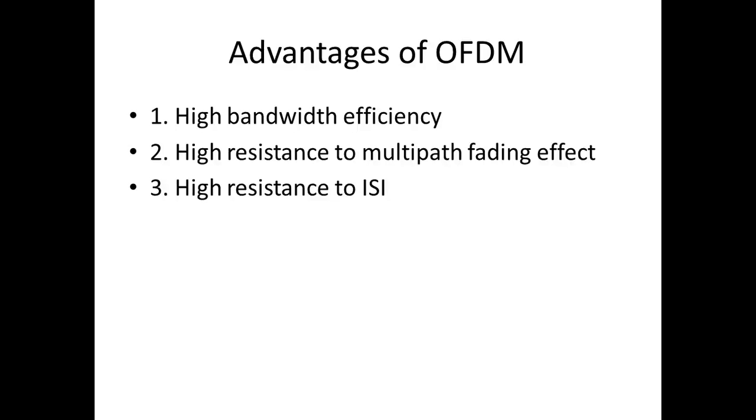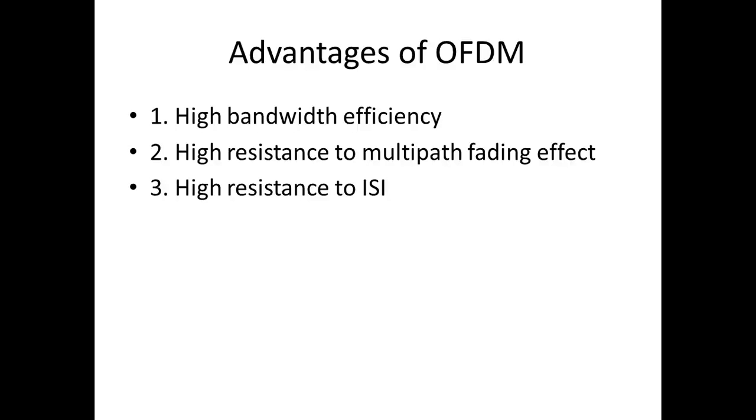In a traditional parallel transmission system, the whole bandwidth is divided into several parts and sent to substreams. These substreams are separated, which makes the bandwidth efficiency very low. However, in the OFDM system, substreams are orthogonal, which means substreams can be overlapped, and that's why OFDM has higher bandwidth efficiency.